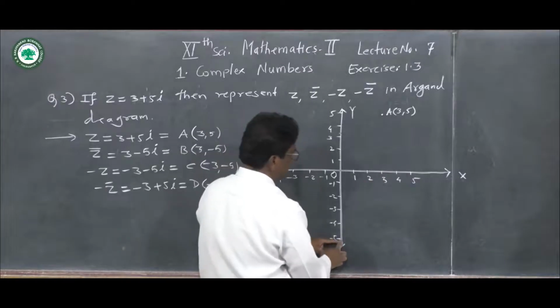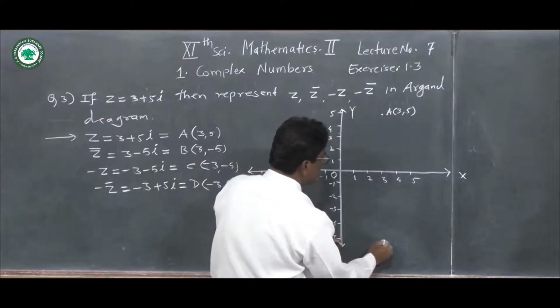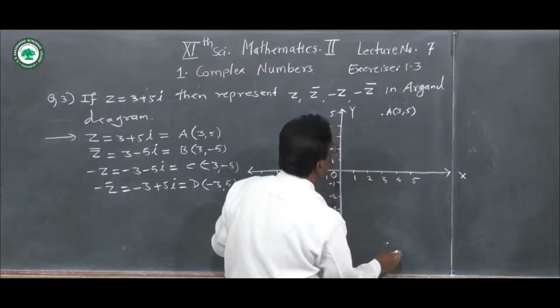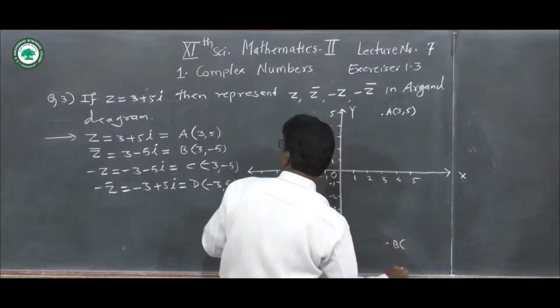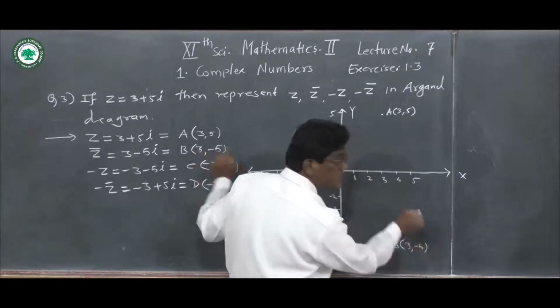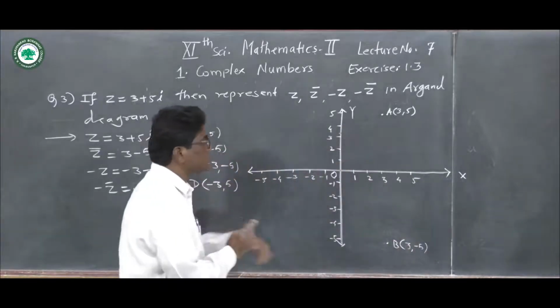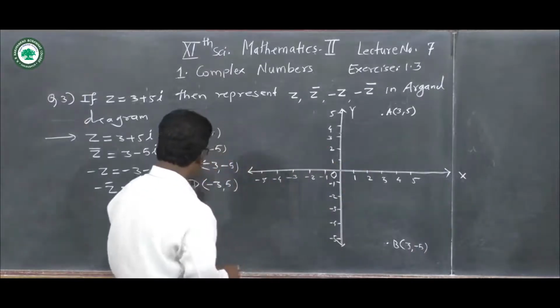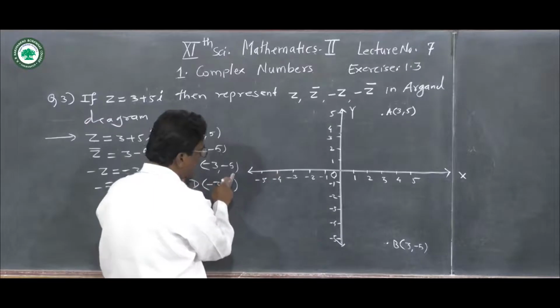Here minus 5 and here plus 3. This point is B. It lies in which quadrant? The fourth quadrant. This is the first quadrant, second, third and fourth. Now the C point, minus 3, minus 5.